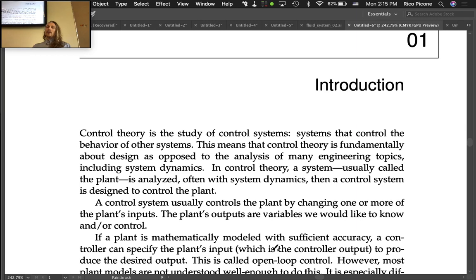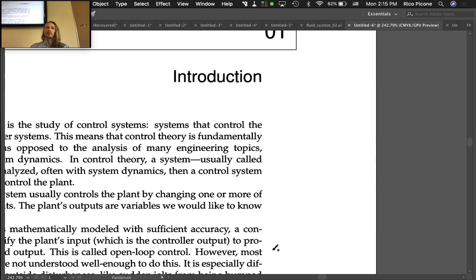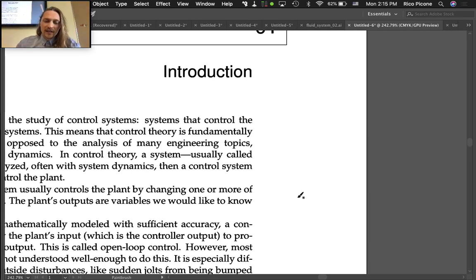So a control system usually controls the plant by changing one or more of the plant's inputs. You can think of the plant as being this box, say.